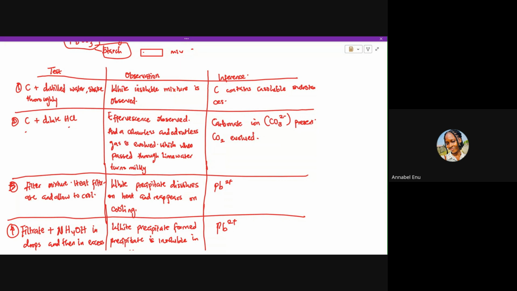So it's your teacher that is going to help control the process. It depends on how your school has been operating. You are not the first candidates, so I doubt you are going to be the one handling it all by yourself. Your teachers will be there to guide you. You might be given your own apparatus, your own chemical to work with. That's how it is normally done. But not all schools do that.